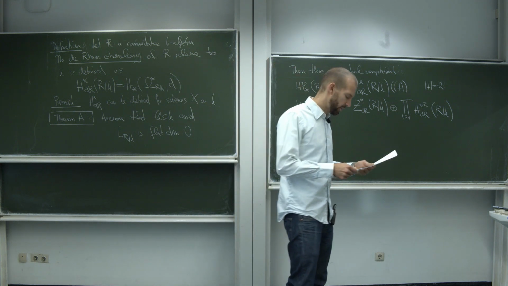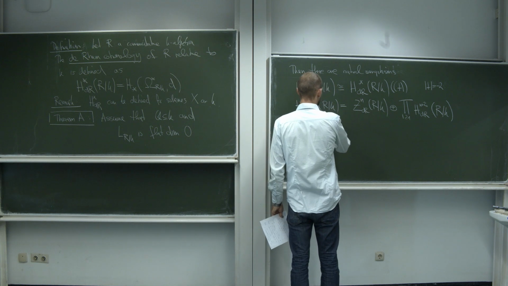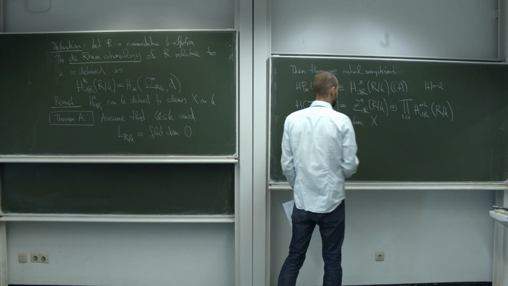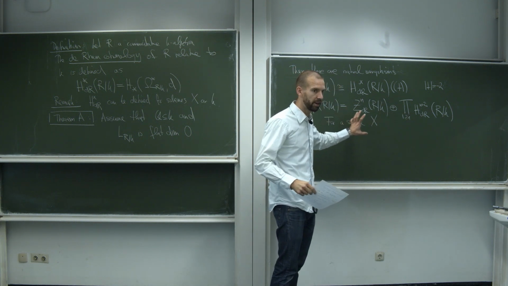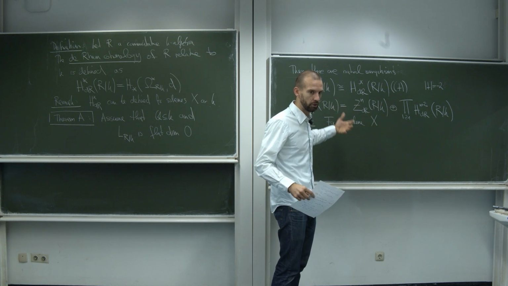So the real statement we care about is the statement that if X is a scheme, and again, don't worry if you're not so familiar with the language of schemes. We'll explain that in a companion lecture, but it will not be really relevant for this whole course.